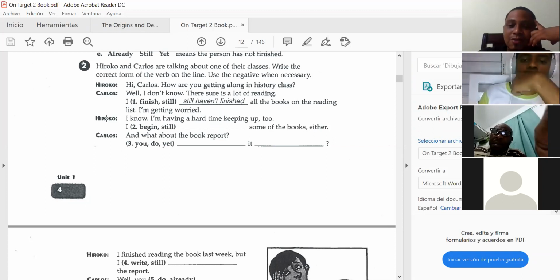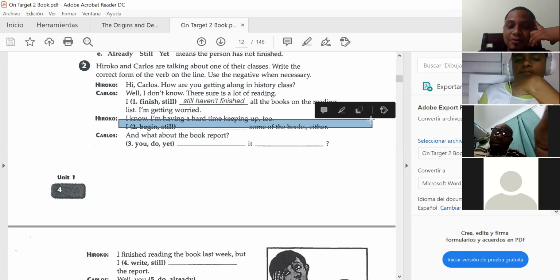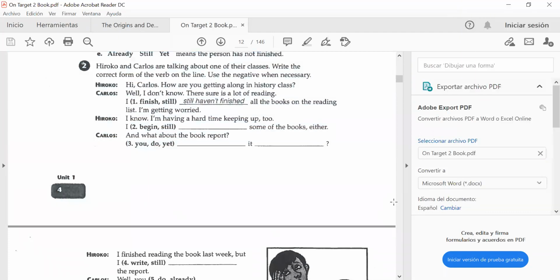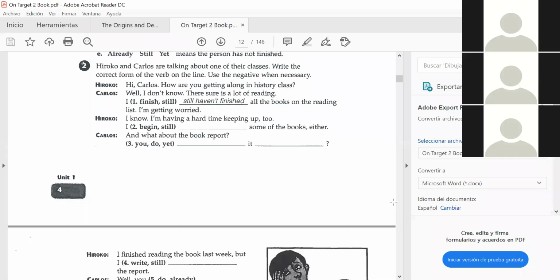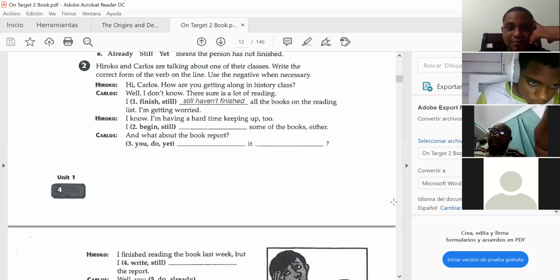Let's see if you guys can do number 2 in here. Look, this is number 2. Oh, I see you guys don't study, huh? Oh, Noraima, what do you say? It says begin and still.